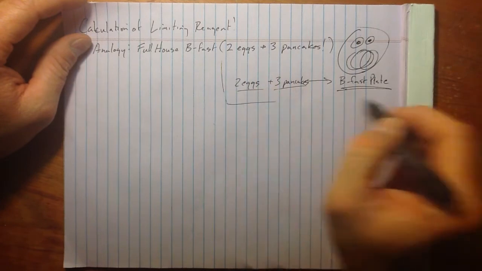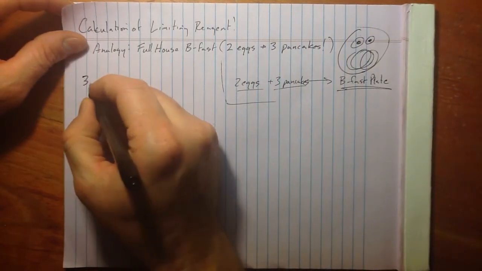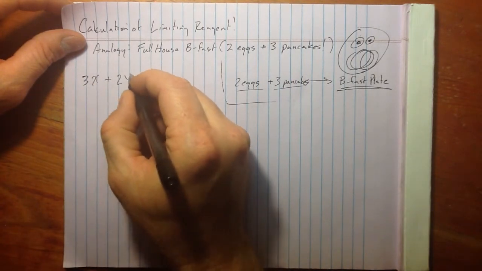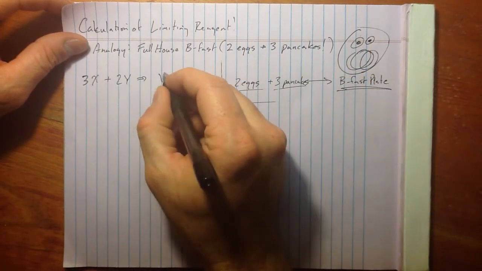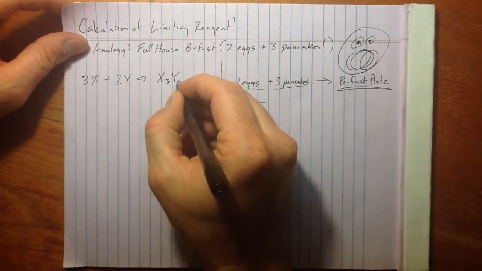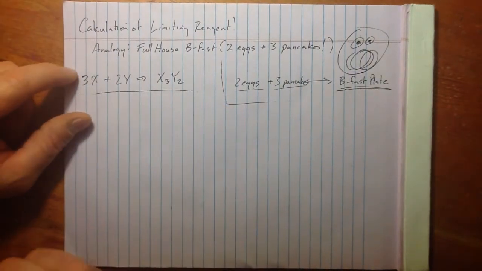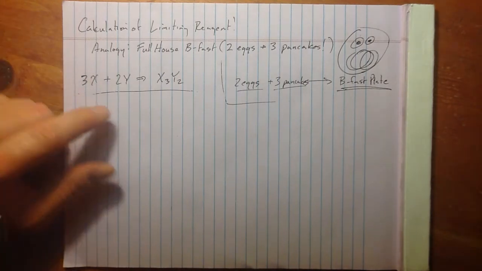So that's kind of the idea we can use when we come to reactions. We can say, well, I have 3 of X and 2 of Y element, and we can combine those to make X3Y2, some compound. That's really all we're doing in inorganic chemistry.